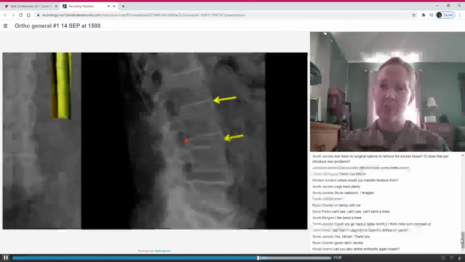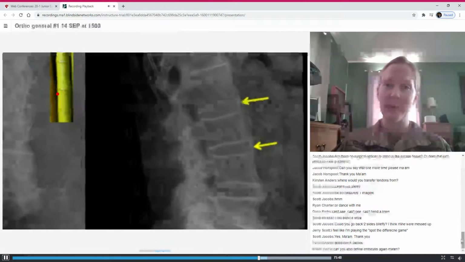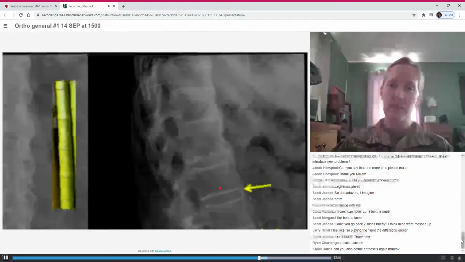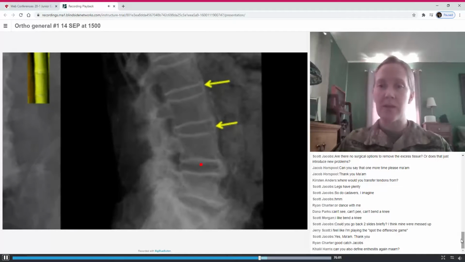So you can see how each of these spaces has been bridged by bone spurs that connect the upper vertebral body to the lower vertebral body, kind of giving you this picture that looks like bamboo, where this is the vertebral body and that's the joint space. But it's important to note that the disc space on these are pretty preserved.